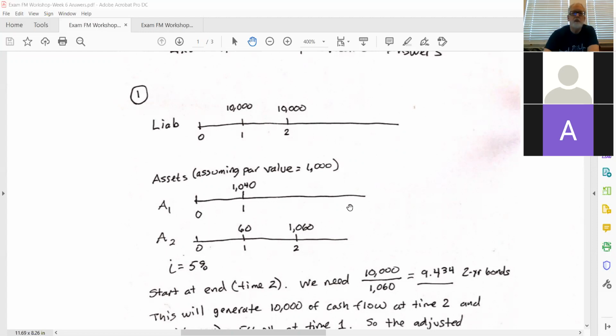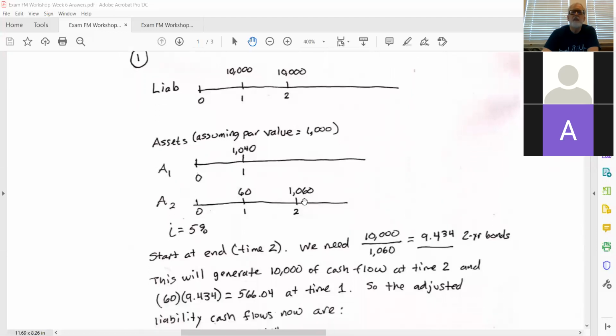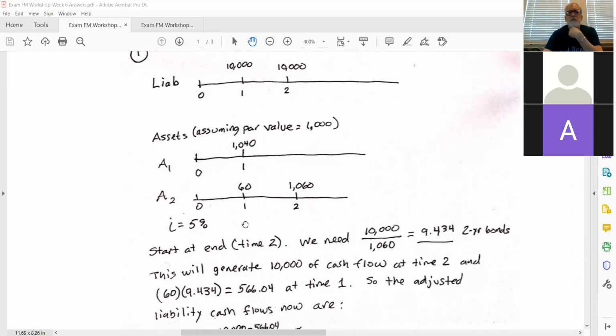And the way to do all of the exact matching is you have to start at the end and work backwards. So in this case, we need to cover 10,000 of liabilities. Our asset, each one is going to pay 1,060. So if you divide, we need 9.434 of those bonds, and that will generate 10,000. But if we have 9.434 of those bonds, each bond is going to pay a $60 coupon.